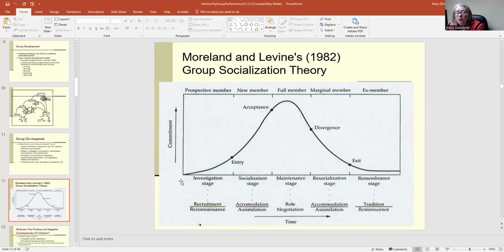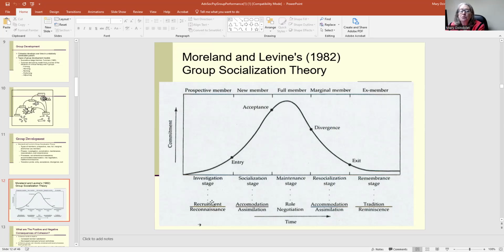And so you can see the membership is up here on the top. While you're a prospective member, you're in what we call the investigation stage.